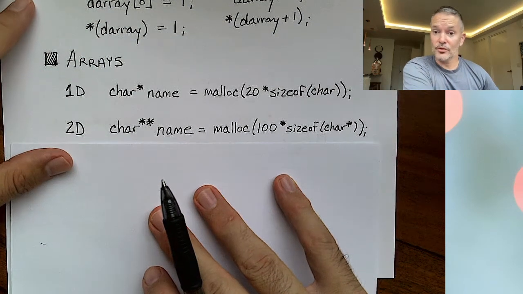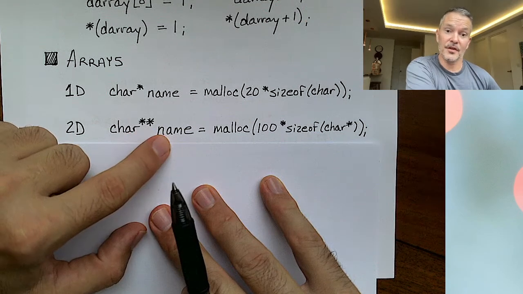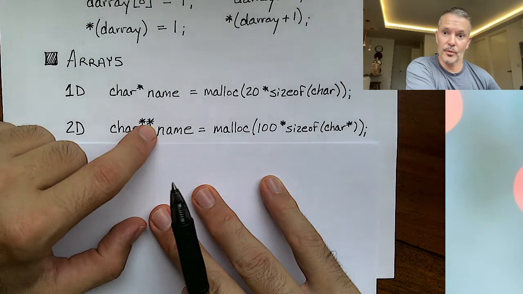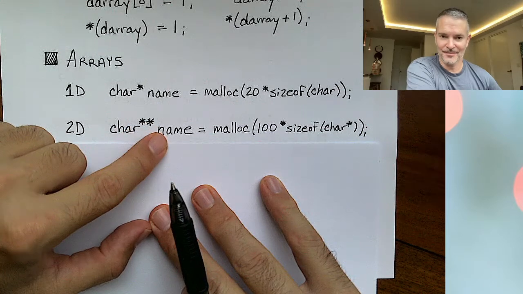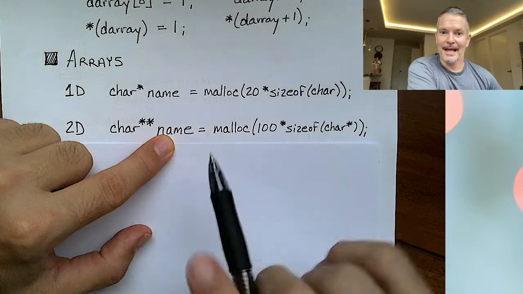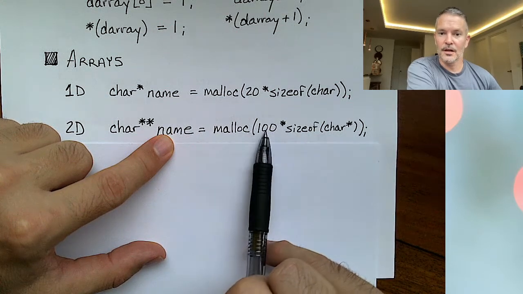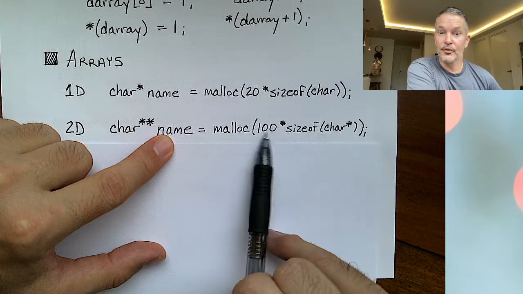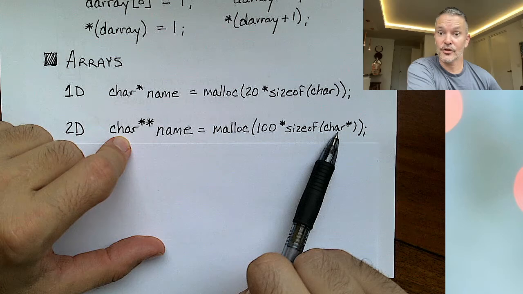Well, this gets a little complicated. We need to declare a variable that is referred to as a double pointer or a pointer to a pointer. Here I declare a pointer to a pointer called name, and I run a malloc for 100 units that are the size of a char star.